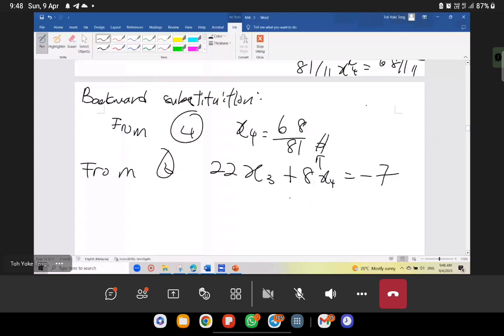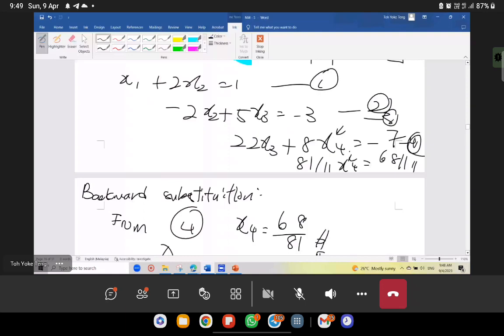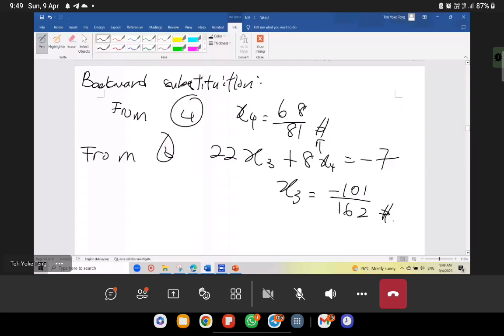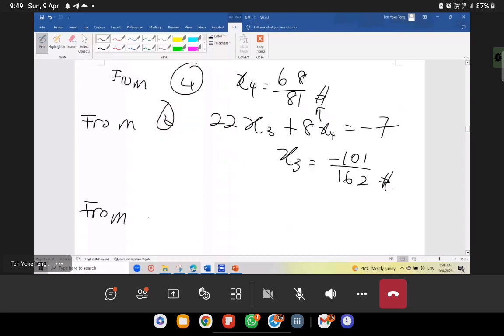So after rearranging, you will get this value. Please remember that, have a try on your own. And then from the second equation, substitute the value of x3 here, and you will get the value of x2. Just the same thing. So you will get negative 19 over 324.